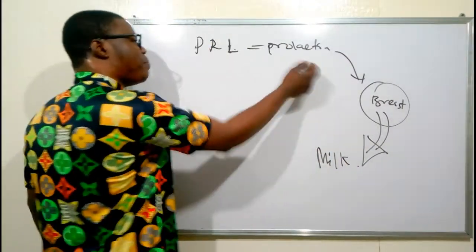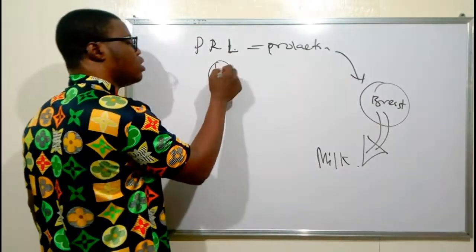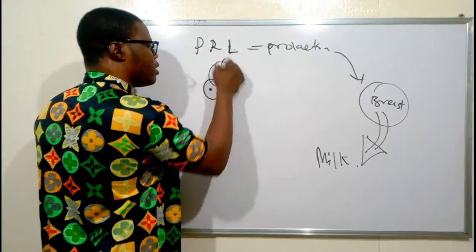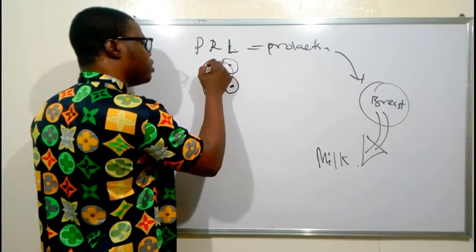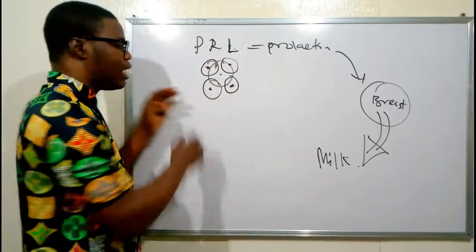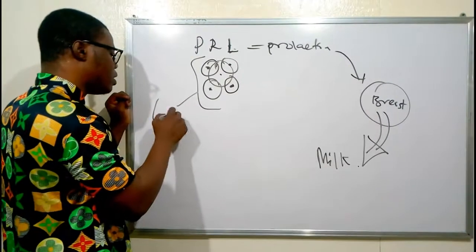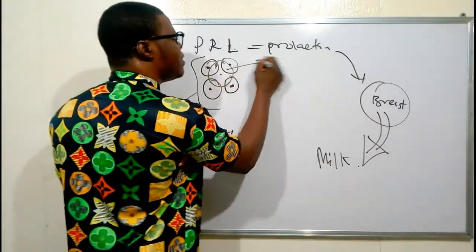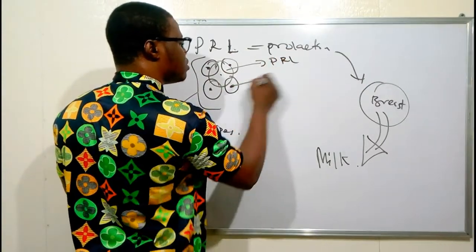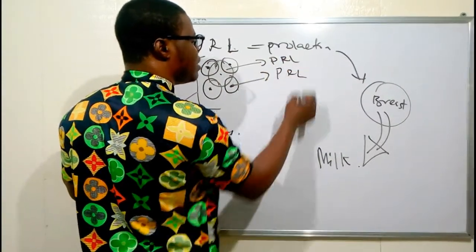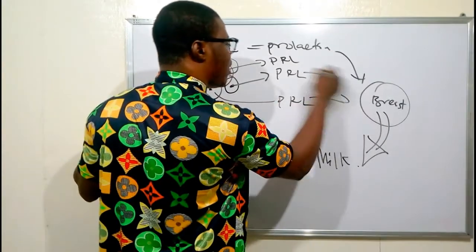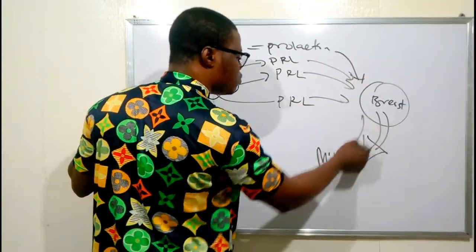So, if there is hypersecretion of prolactin due to the presence of tumors, with other cells that duplicate from the lactotrophs, which are those cells that secrete prolactin, there will be an increase in production of prolactin, and that is going to act on the breast to produce more milk.